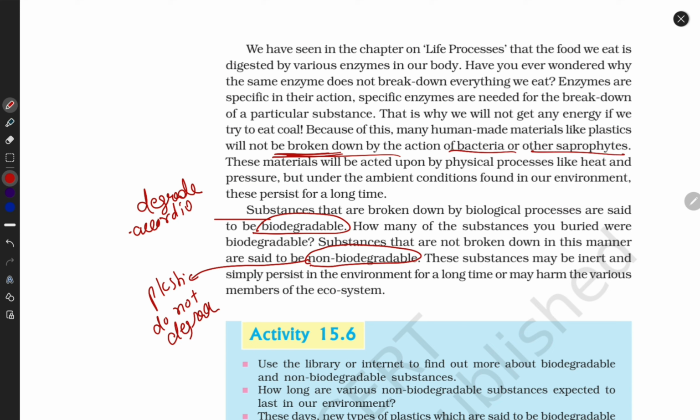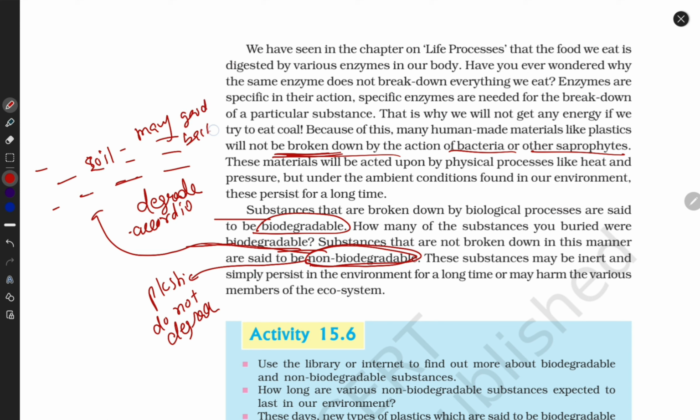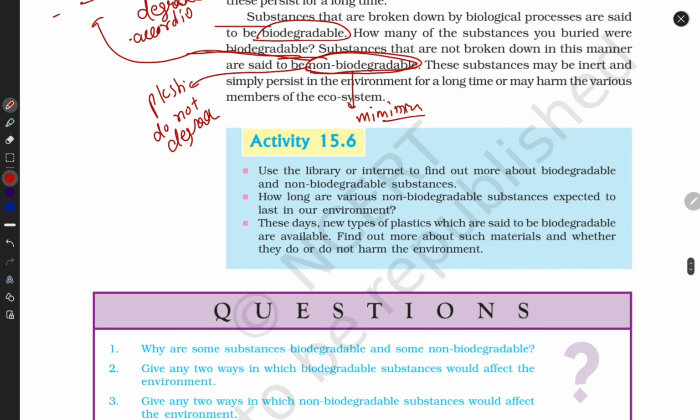Some bacteria and saprophytes are used to break down plastics. If we dump non-biodegradable waste in soil, what happens? In soil, many good bacteria live. They all die. So we should minimize the use of non-biodegradable things, bottles, polythene.